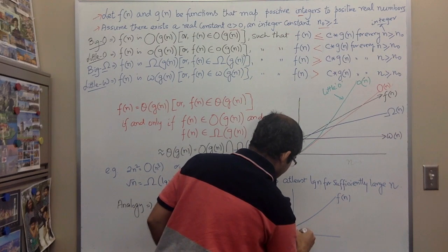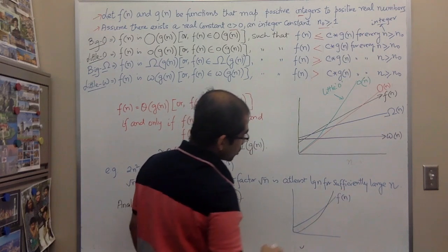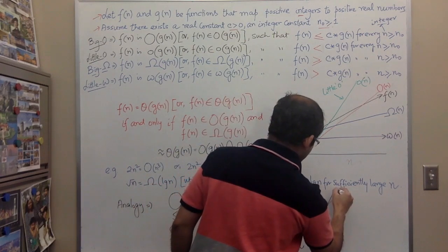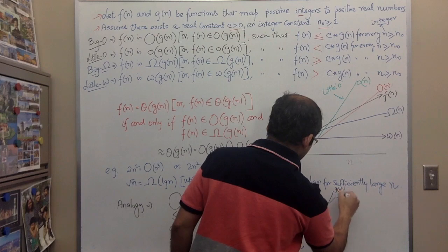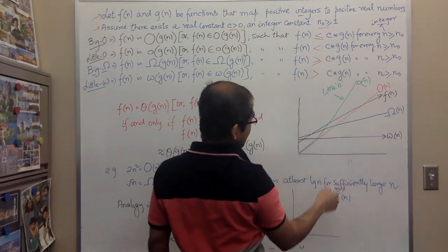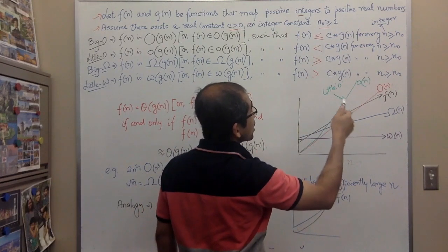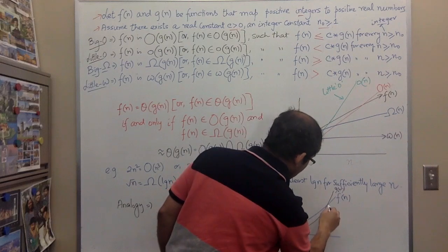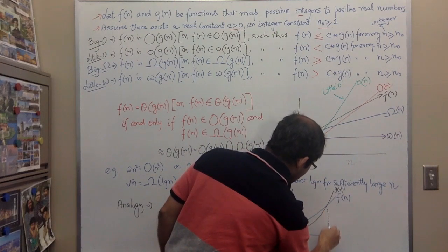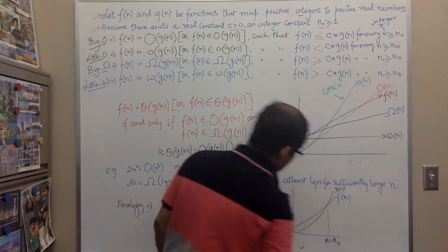Okay, so this is G(n). And this F(n) is less than or equal to c times G(n) for every n greater than or equal to n0. So now this is the position where n equals n0.